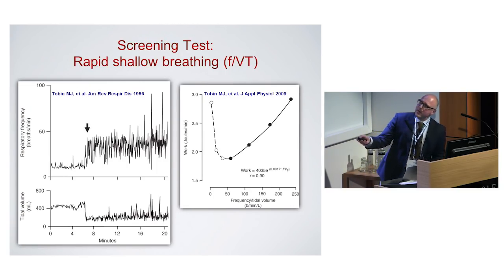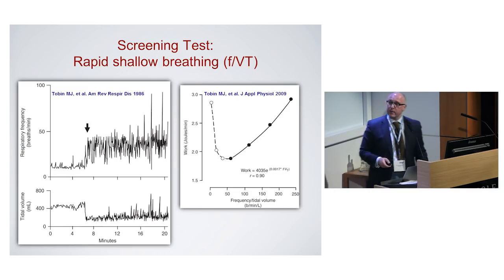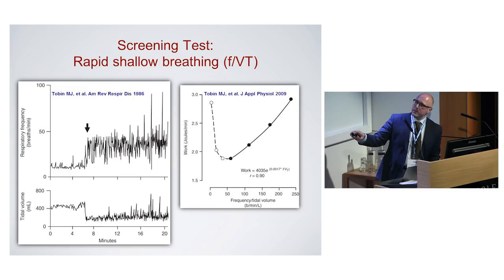So when we talk about F over VT, this is what we mean. This is the tidal volume, and this is the frequency. You can see here the patient is disconnected from the ventilator. The frequency goes up, the tidal volume goes down, and the F over VT increases. But this is an important one.